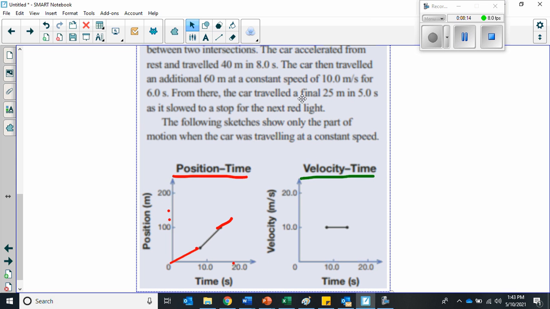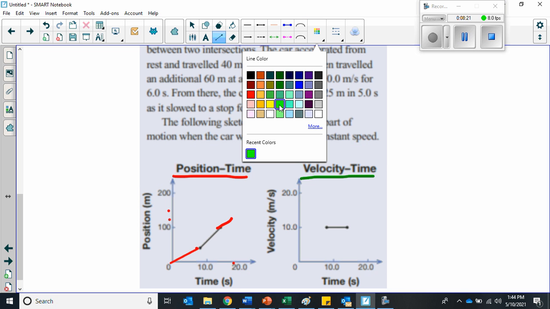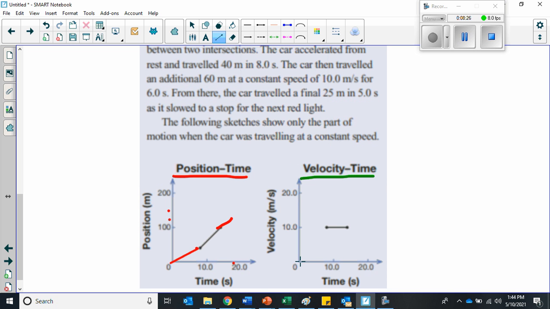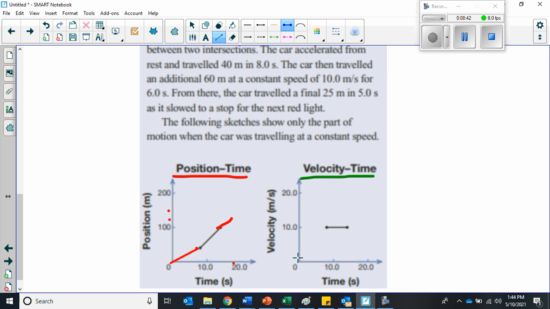So what we're going to do is accelerated from rest, so that's 0, 0, and traveled 40 meters in 8 seconds. Okay, so that's from here all the way to this point.